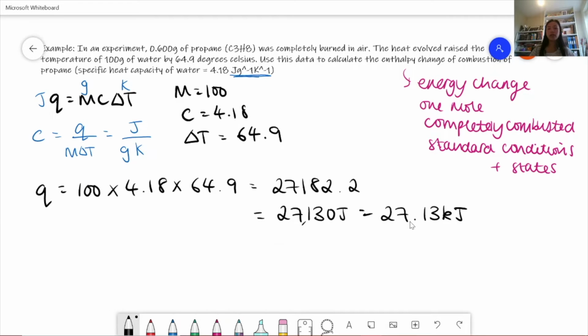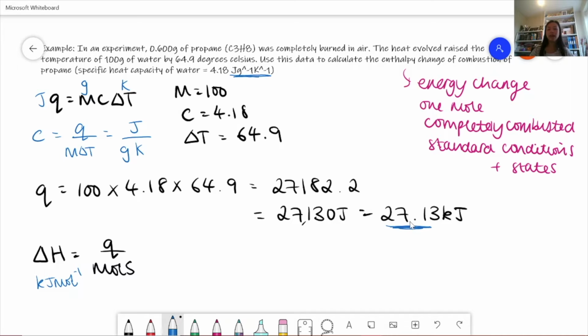And now we move on to the next equation, which is finding the enthalpy change. So we have delta H equals Q over moles. And we always have to remember that delta H is measured in kilojoules per mole. And that's why I've converted it here.